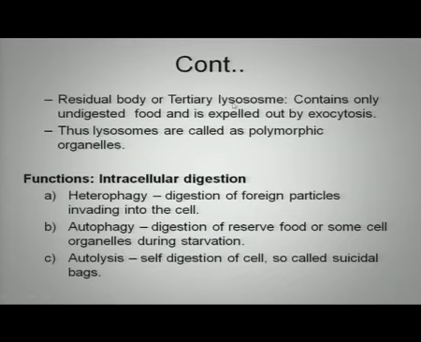It contains only the undigested food which is later expelled out by exocytosis. Thus, lysosomes are called polymorphic organelles, because polymorphic means, poly means many, they are seen in different forms.